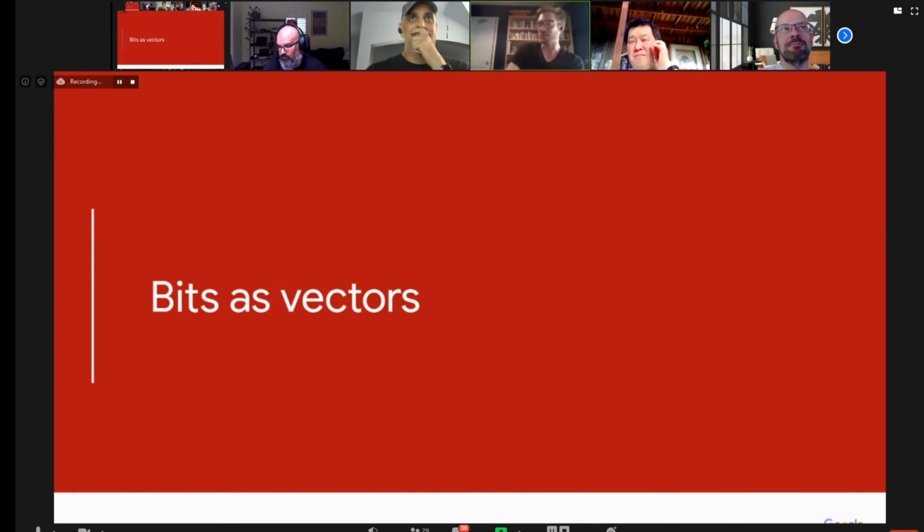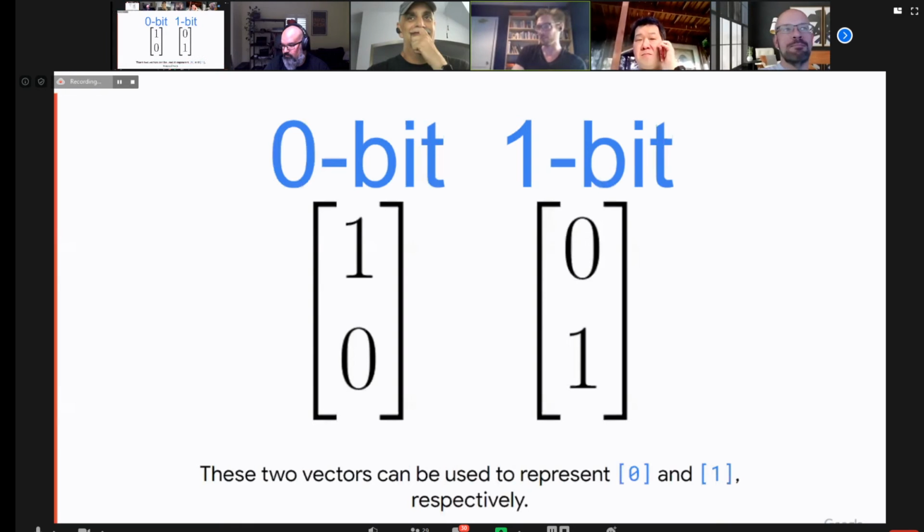And classical computation can be represented using vectors. A vector, just really briefly, is a collection of values, a well-ordered collection. For bits, we need to have 2 dimensions to our vector.